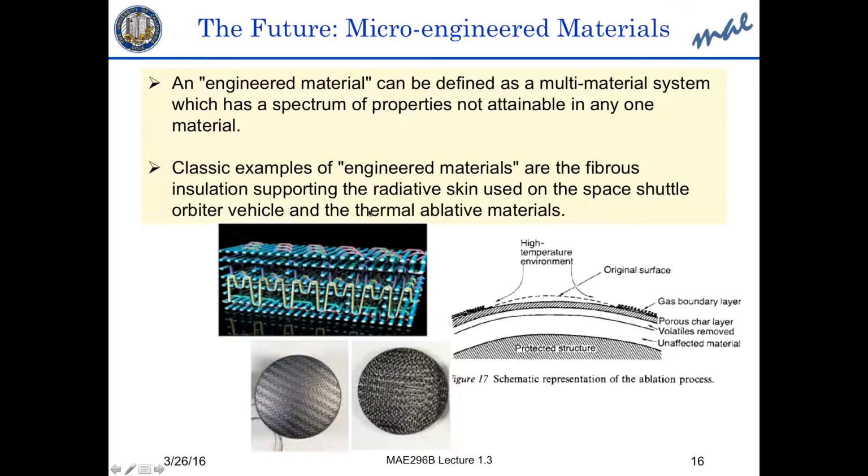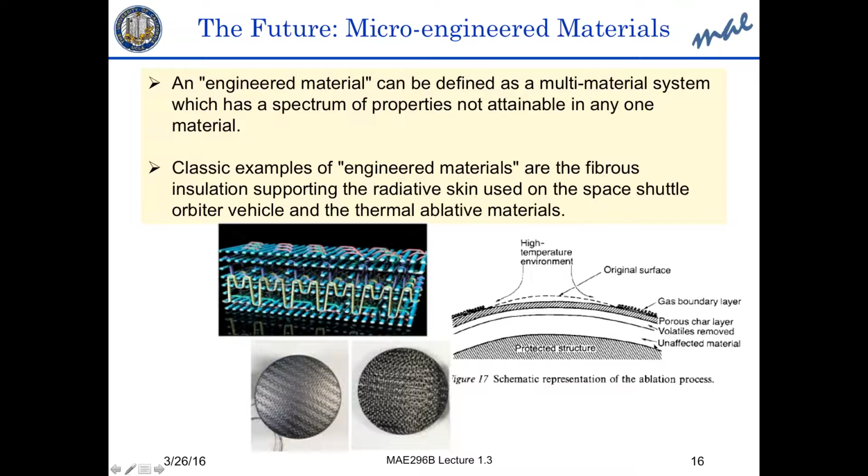This example here is for space shuttle orbiter vehicles and thermal ablative materials. In this case, we need to develop a material that protects the structure and doesn't lead to a disaster.